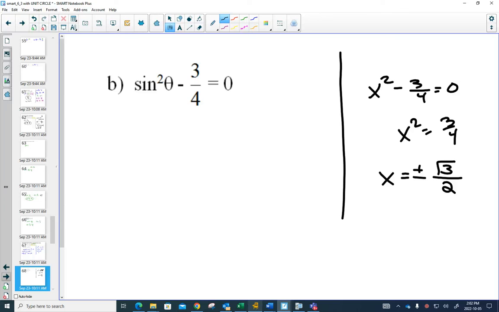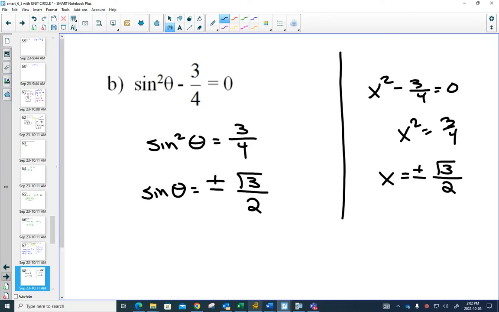So now we get to grade 12, and we don't have an x squared anymore. We have sine squared. So the same idea. I'll get the sine squared by itself. I'll square root both sides. I won't forget the plus or minus. And then we need to find out what our reference angle is. Root 3 over 2 on your unit circle. What family?